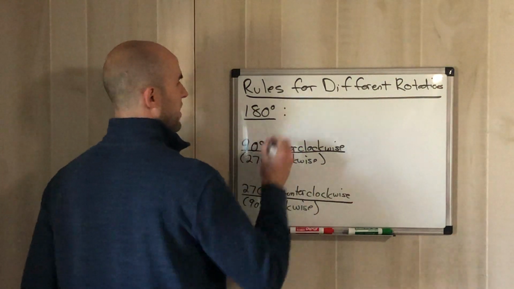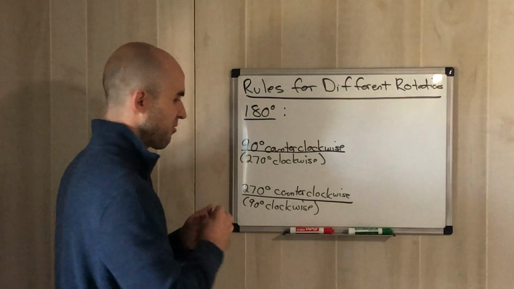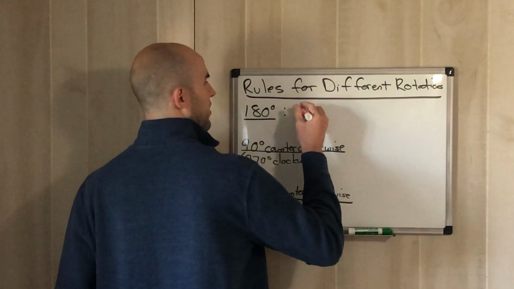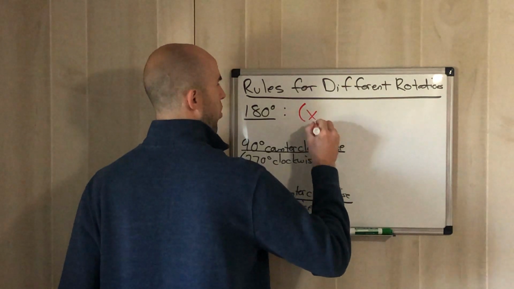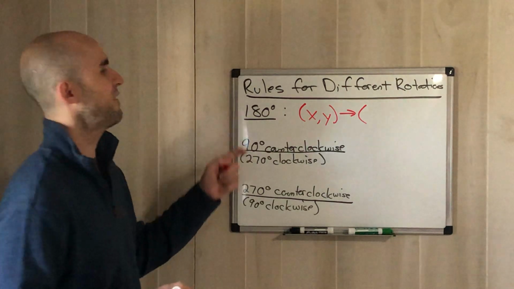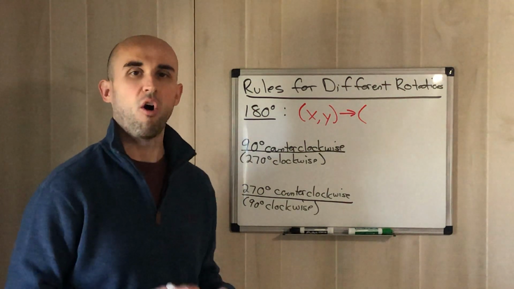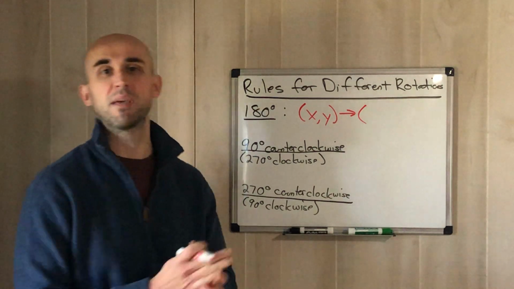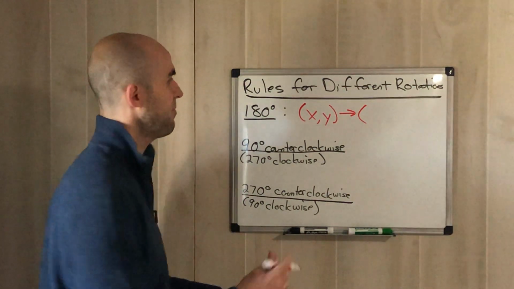So there's a rule that whenever you have a 180-degree rotation, the easiest thing happens, right? And we're going to write in coordinate notation, which starts x, y, goes to. So whenever you rotate a figure 180 degrees, all that happens to the coordinate is the signs change. If it's a positive, it becomes a negative. If it's a negative, it becomes a positive, right?